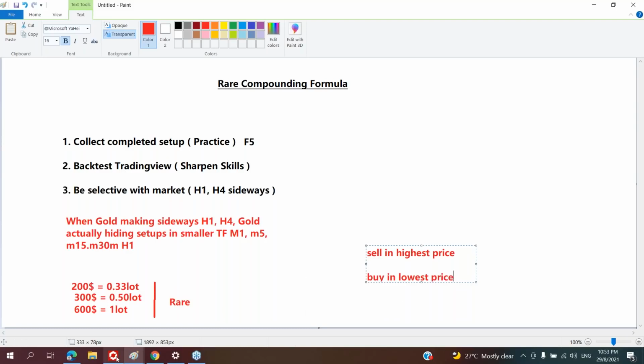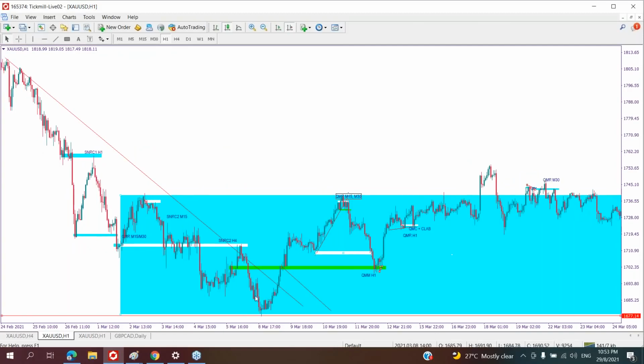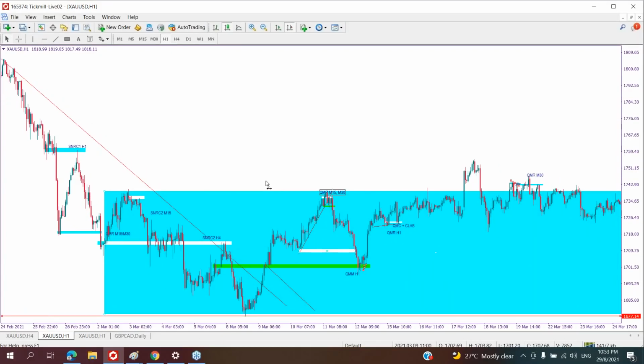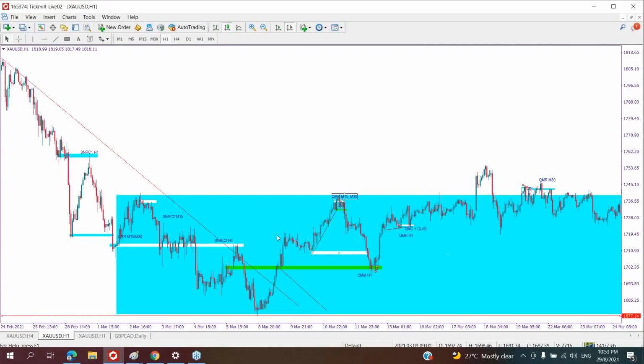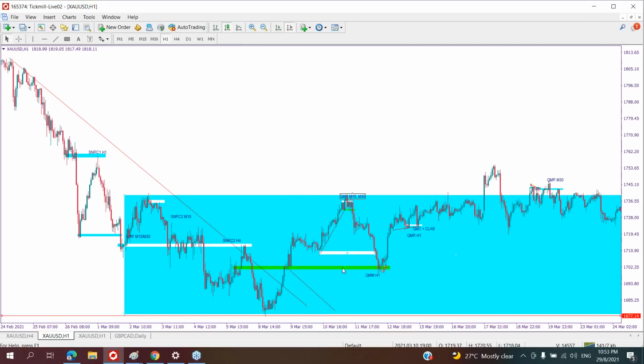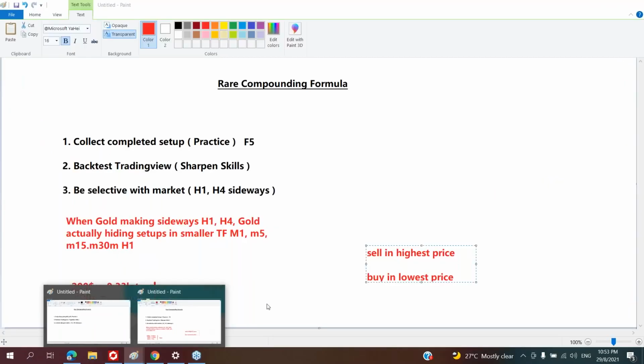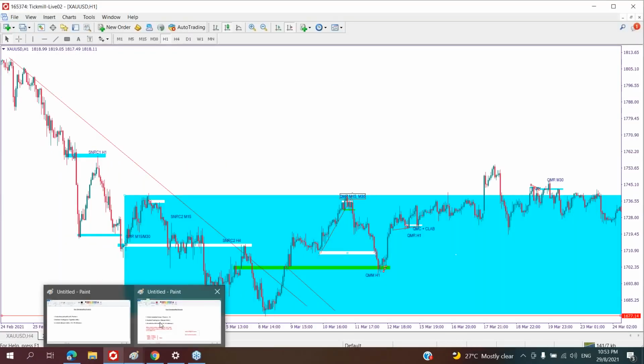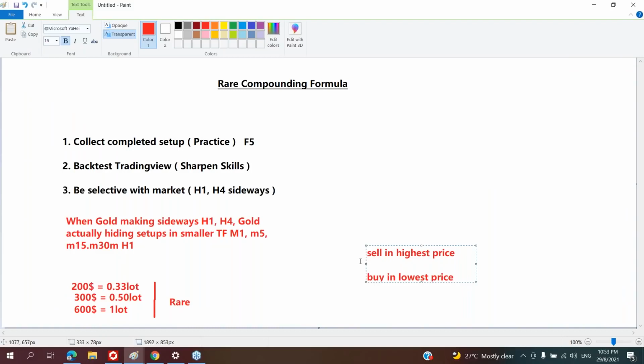But in this situation, price is making a downtrend and you can see price making QM sell at the lowest price. And if you go back here, are we going to sell at the lowest price? No, we're going to sell at the highest price.